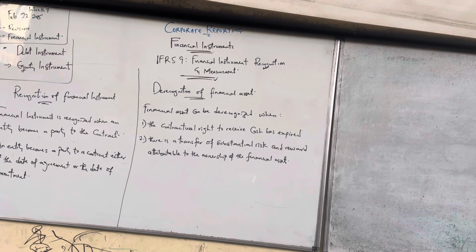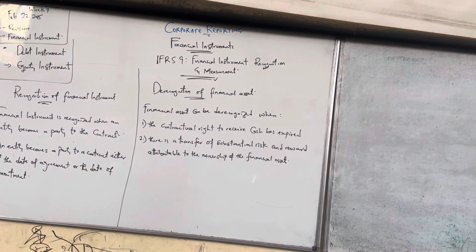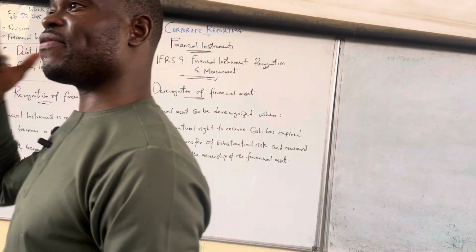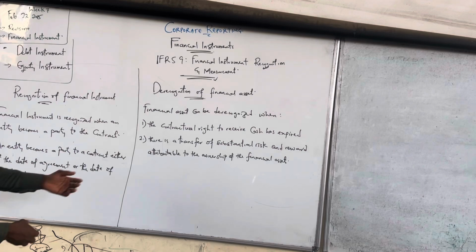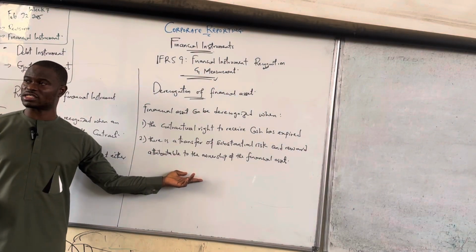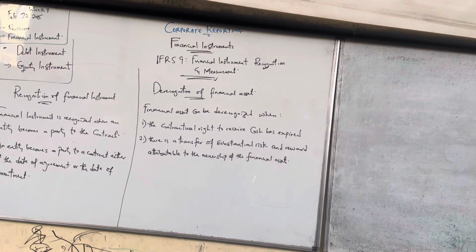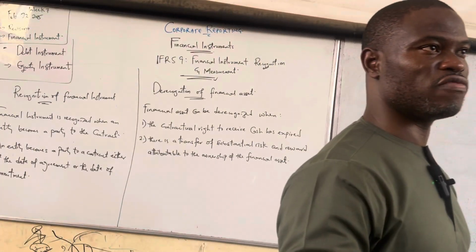And when we say substantial risk and reward, it could be you have made an unconditional sale of the financial asset. You sold it. When there is an unconditional sale of a financial asset, it means you have transferred the risk and reward. Also, it could be a conditional sale of the financial asset.